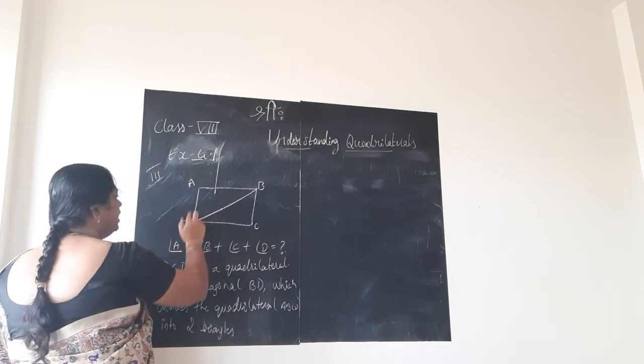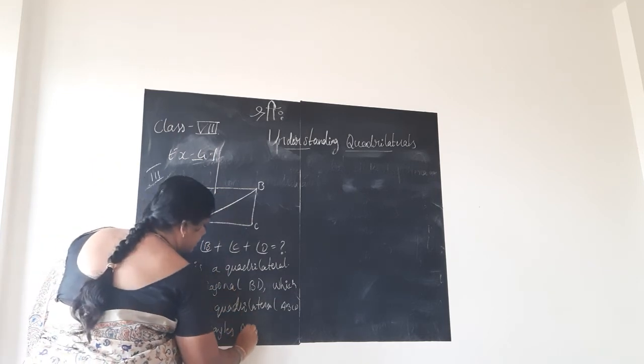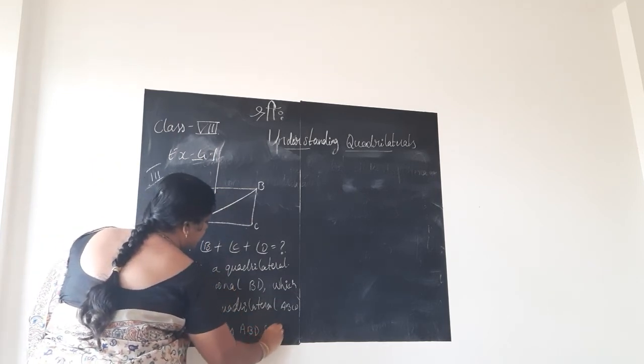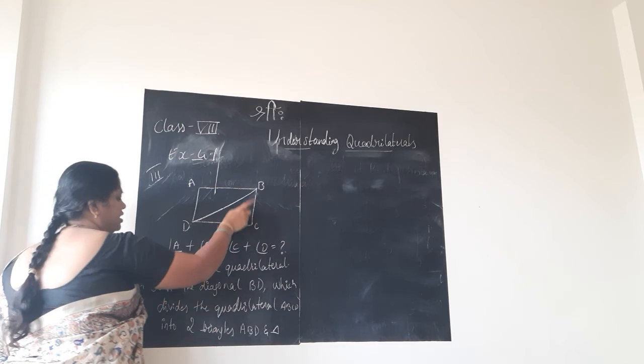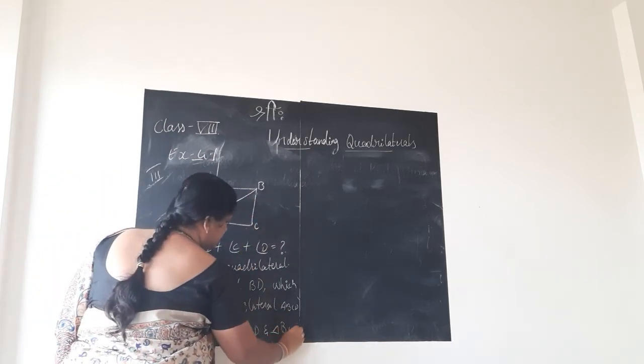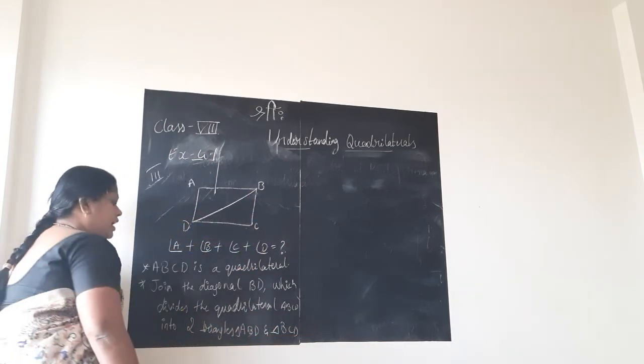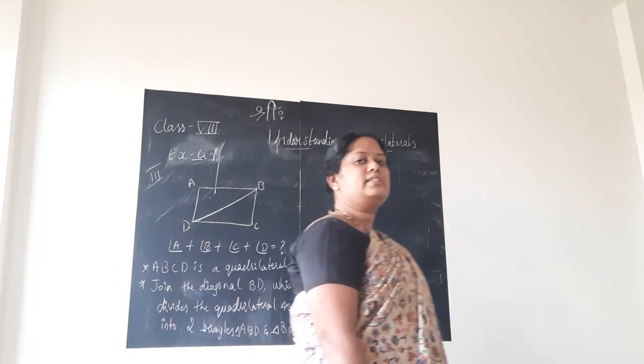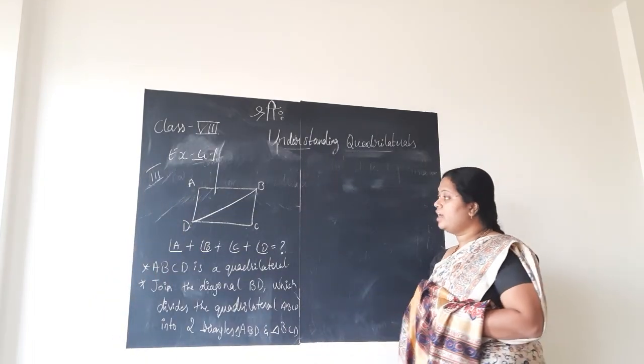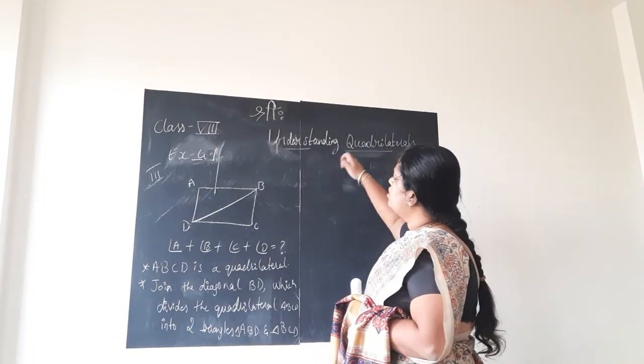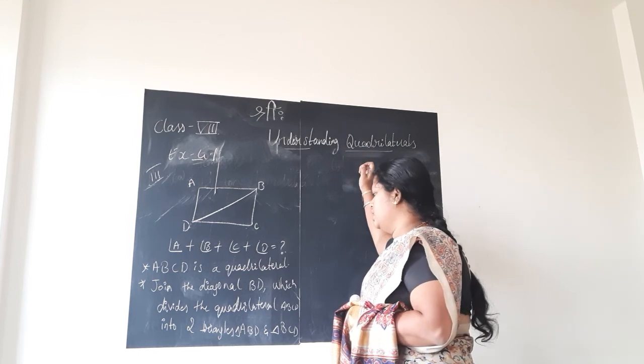Which are the two triangles? Triangle ABD and triangle BCD are the two triangles which we got on drawing one diagonal to the quadrilateral.